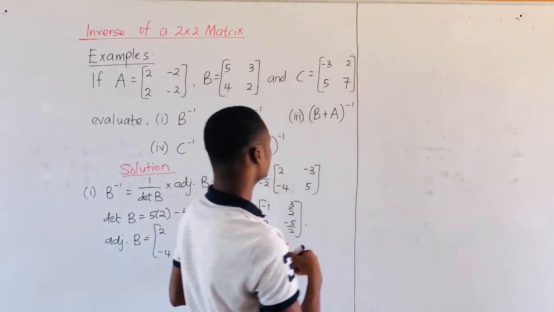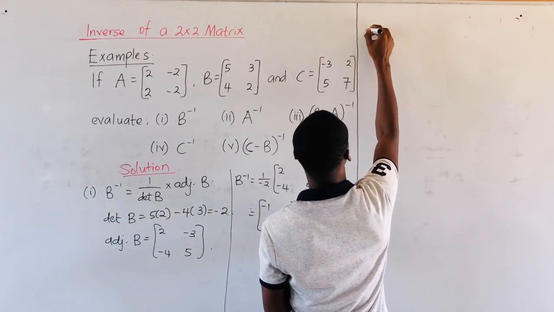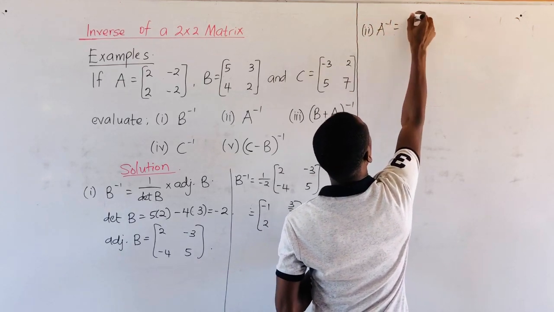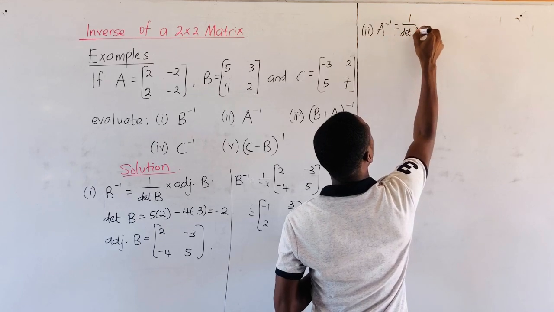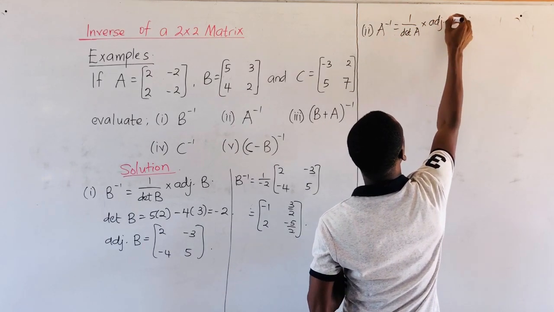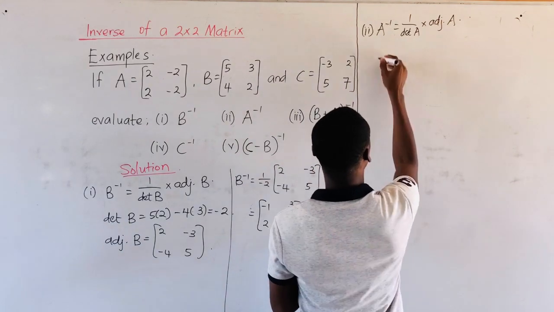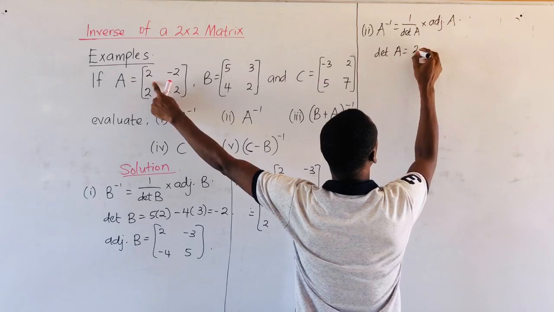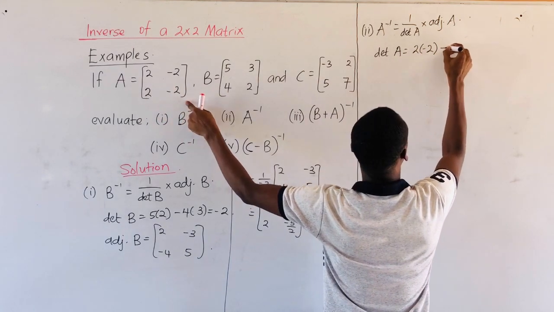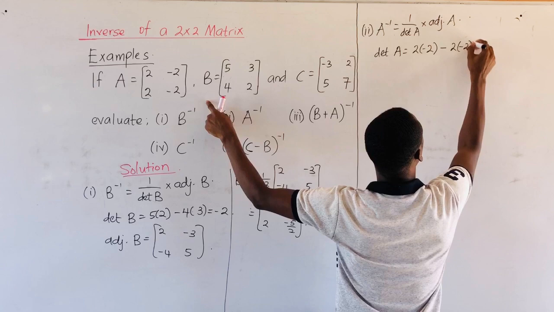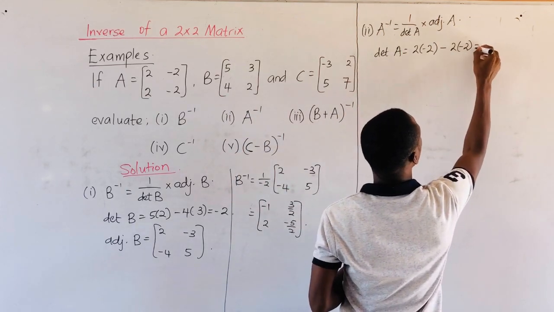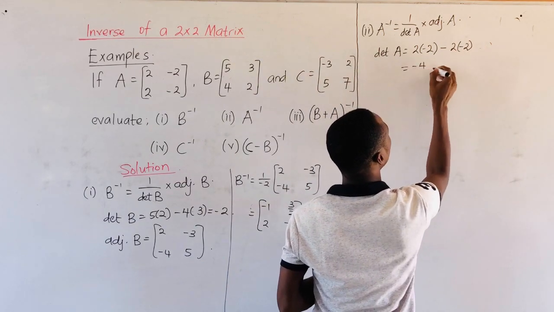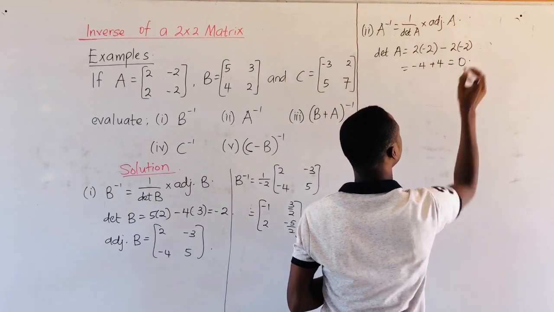Now let's go to the next one, which is the inverse of the matrix A. That is also equal to 1 over the determinant of A times the adjoint of A. Our determinant of A is the product of the leading diagonal minus the product of the minor diagonal. This is negative 4 plus 4, so 0.